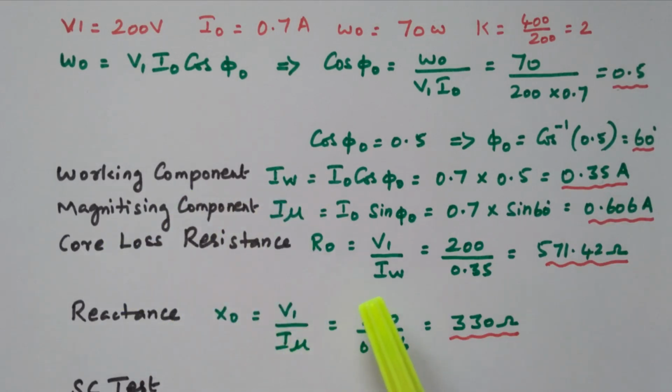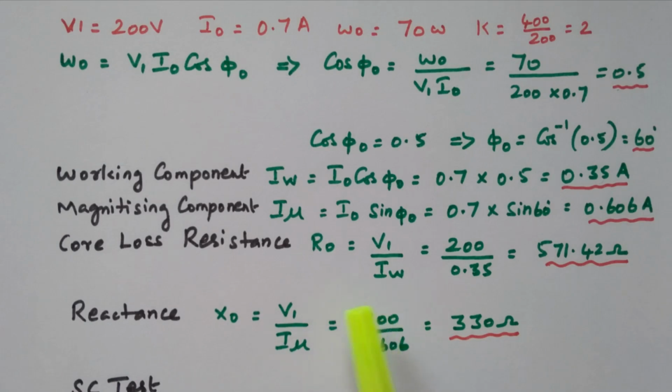The other two parameters we need are R0 and X0. During the load and no load condition we need 4 parameters: IW, I mu, R0 and X0. The current IW is flowing through the resistance, and the magnetizing current is flowing through the inductance. So we need to find R0 and X0 values. R0 equal to V1 divided by IW, working component.